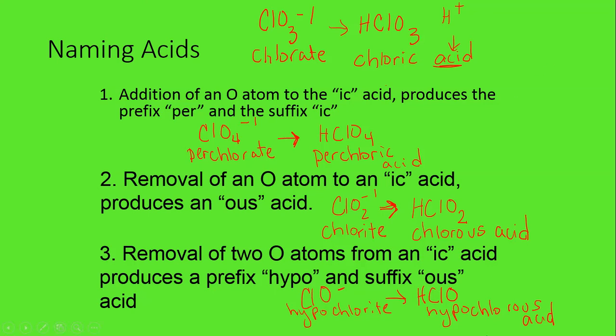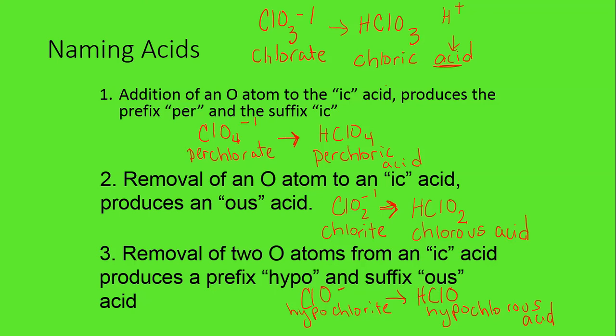In other words, in terms of understanding what we would have if we were trying to name an acid that would be a polyatomic ion, such as chlorate, perchlorate, chlorite, hypochlorite, this is it. There's no other naming system as we add one more oxygen or we lose one more oxygen, because this is it. These are the only kinds of oxyanions we're going to see.